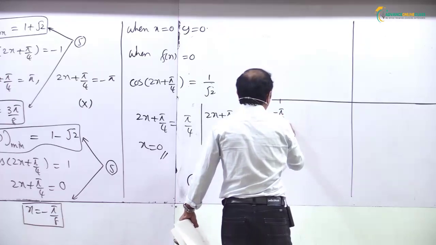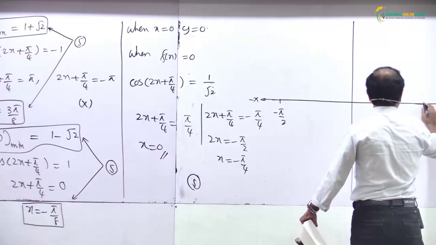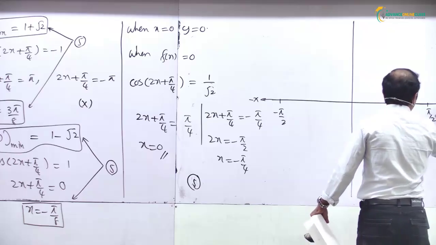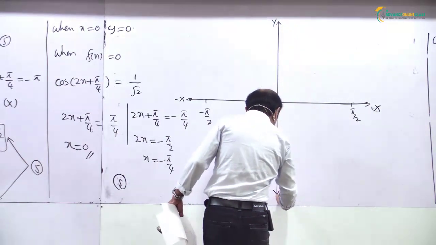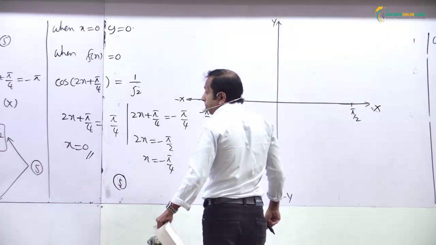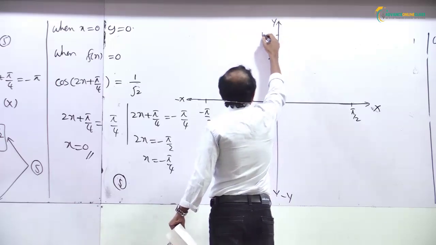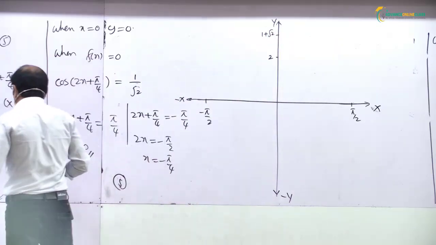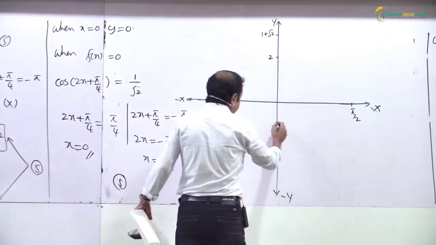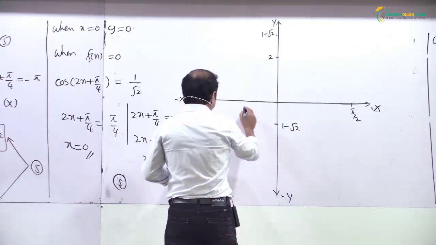Here minus π/2 on the x-axis, plus π/2 on the axis. Here y, minus 5, 2 here, 1 plus root 2 here. Maximum value, minimum value, 1 minus root 2 minus something, no? Right. Here minus π/4.